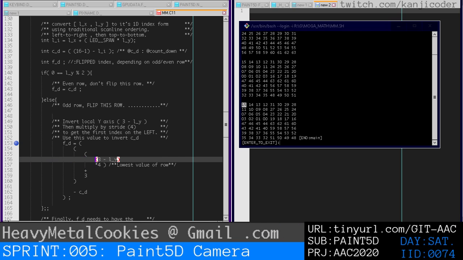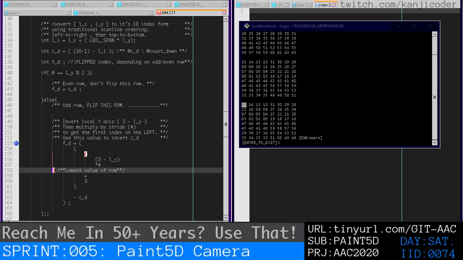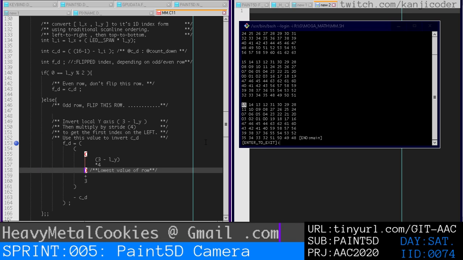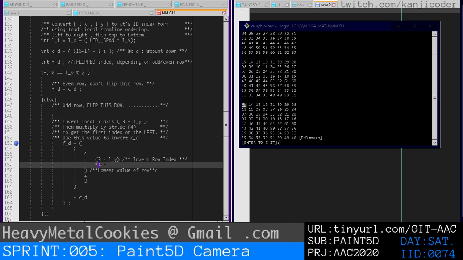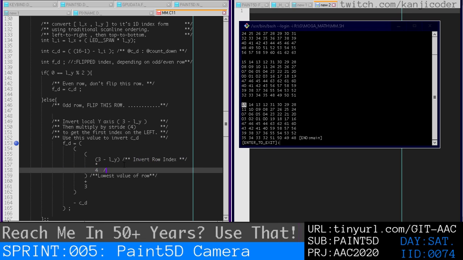So invert row index times stride to get index.